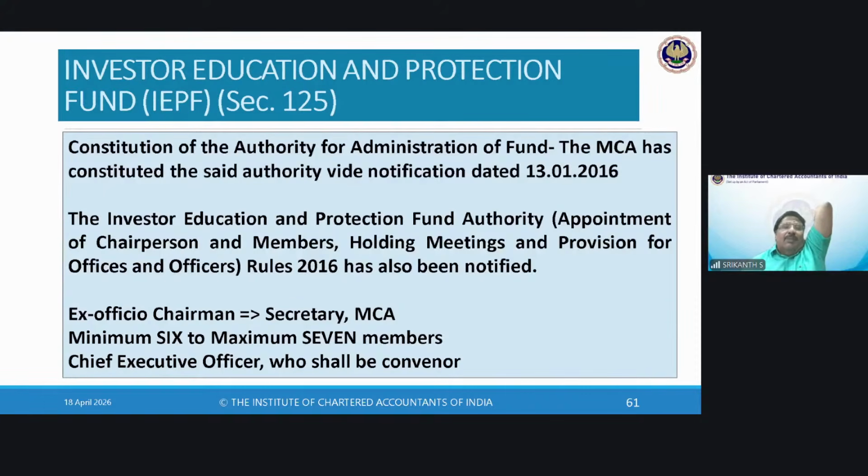And there will be a minimum of 6 to a maximum of 7 members. These members would be taken from well-known eminent people who would be sitting on the committee. Of course, government servants also will be there. There is a Chief Executive Officer, who shall be the convener. So the CEO would run the fund.